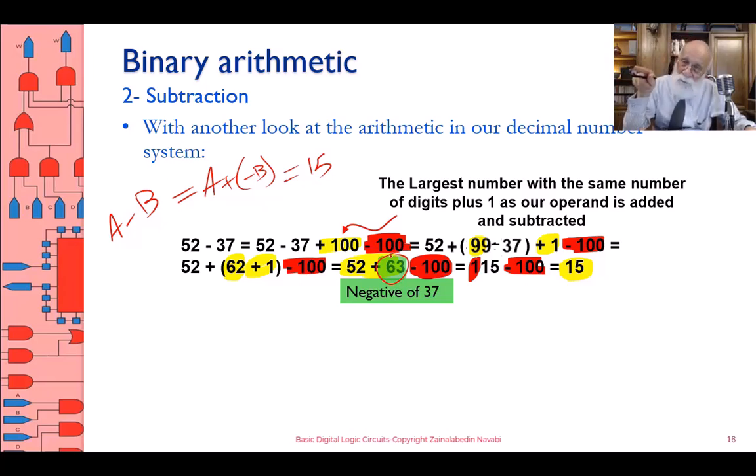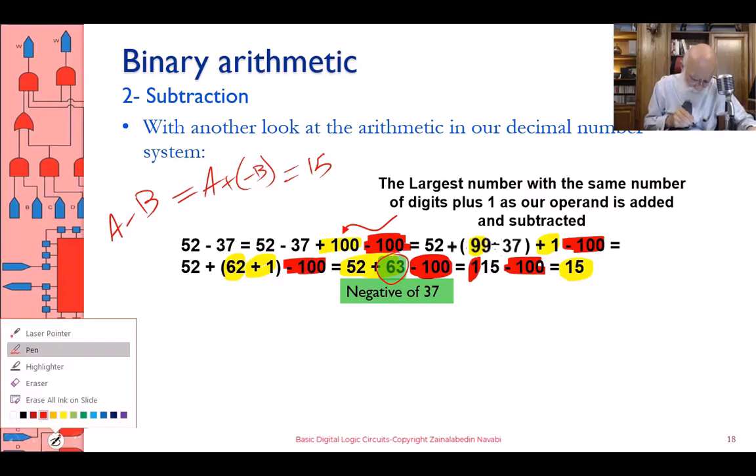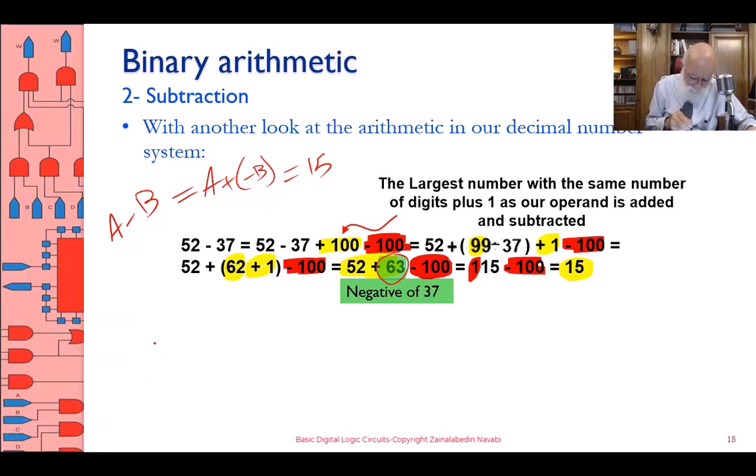And therefore, this is what we do. In order to perform subtraction in tens complement system, you look at the number of digits. Here we have 2 digits. You take the number you are subtracting. Let's do an example. You have 532.